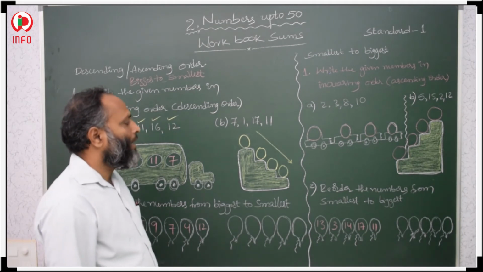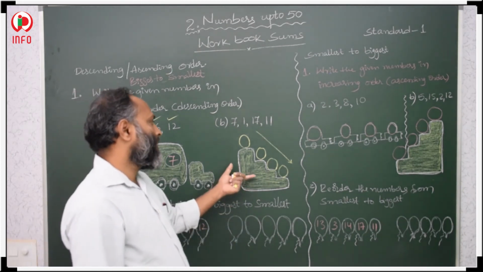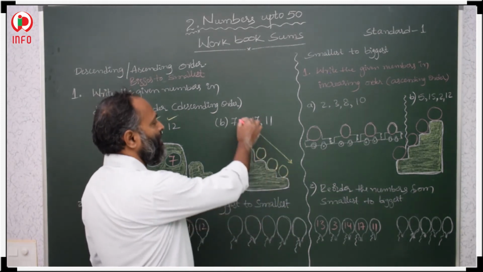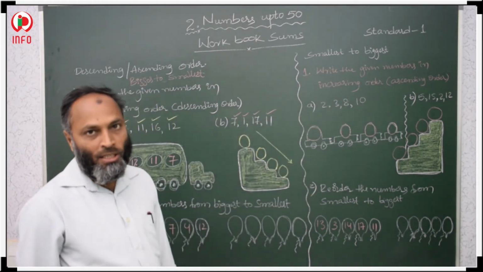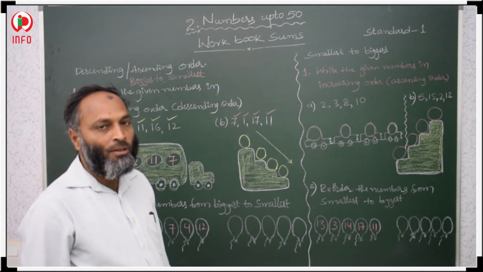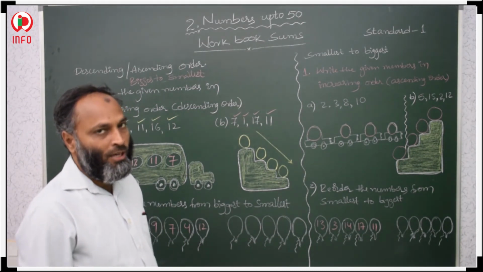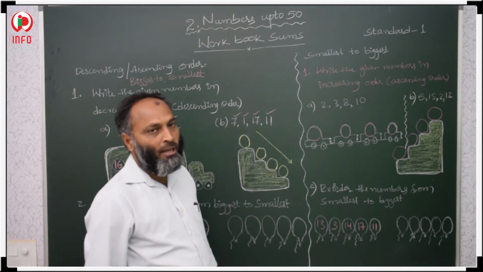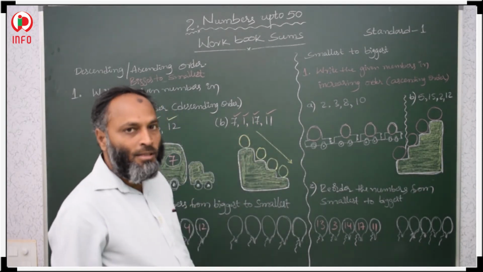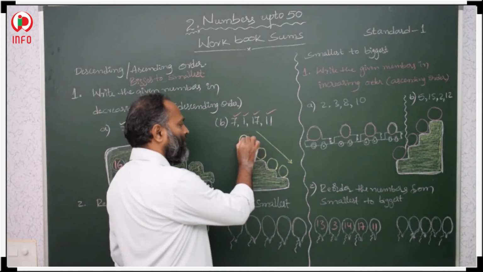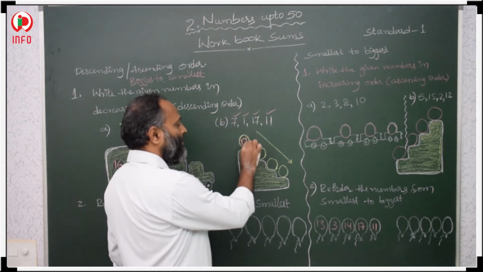Now, again descending order, the same question. Here some numerals are given: 7, 1, 17, 11. We have to arrange these 4 numerals in descending order. Descending means first we have to select the greater, bigger number. 17 is the biggest, so we take 17 at the top.